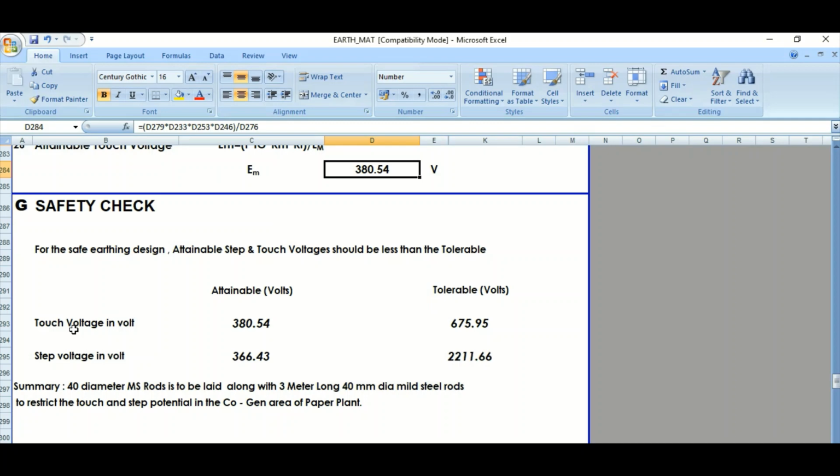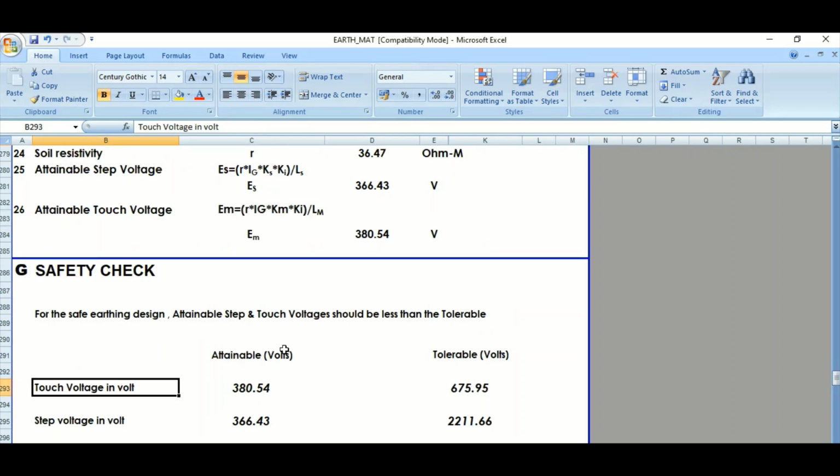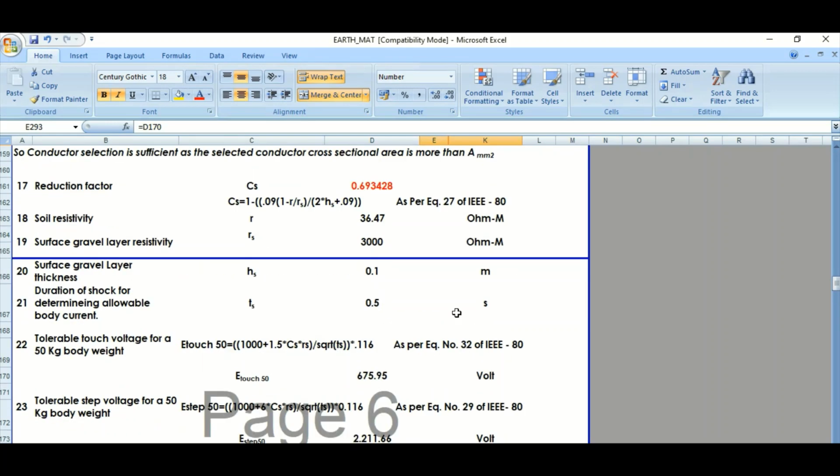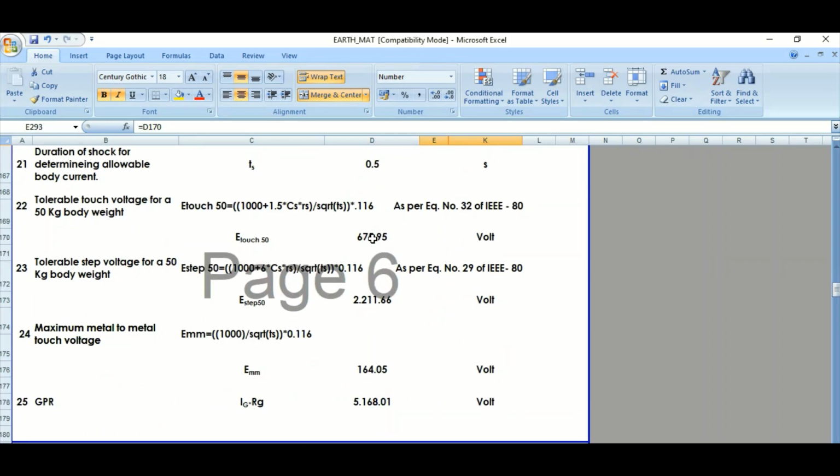So this touch voltage is 380.54, and from the calculation the tolerable value is 675.95. That comes from D170. If we go there, D170, yeah, this one.